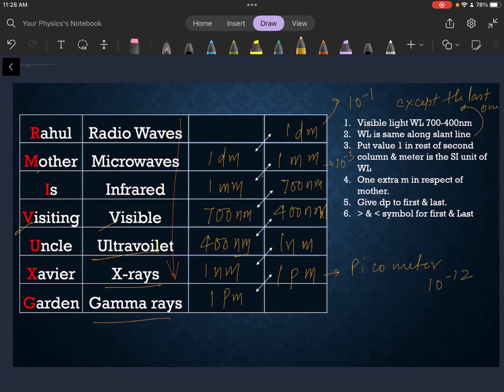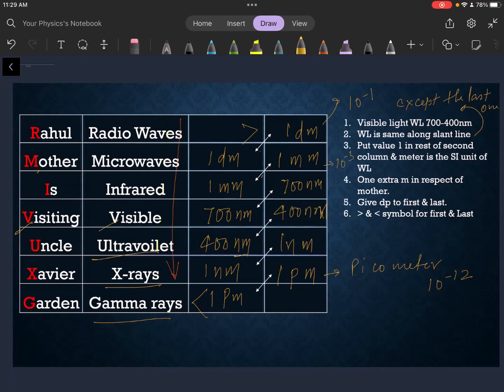And the last step is to put greater than and less than symbols for the first and last.